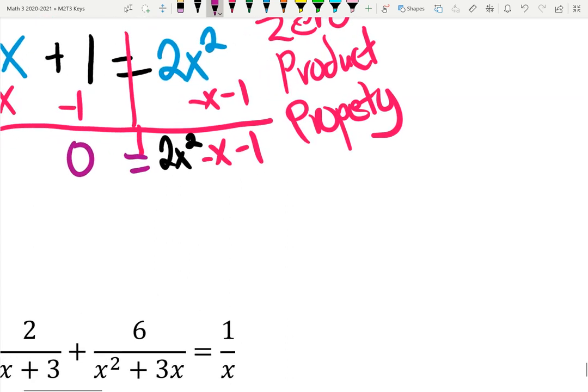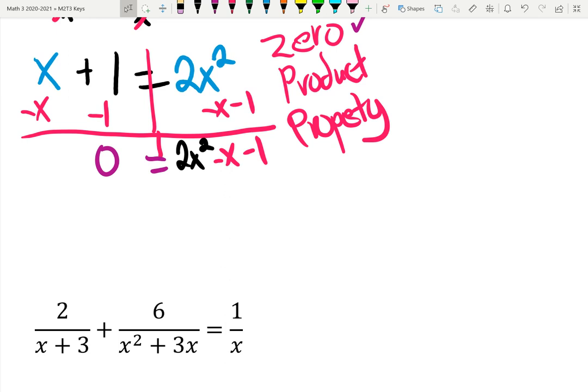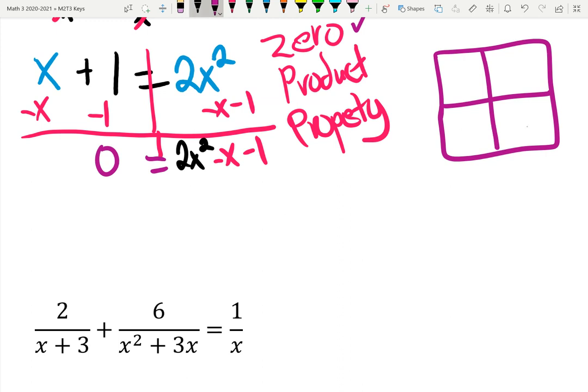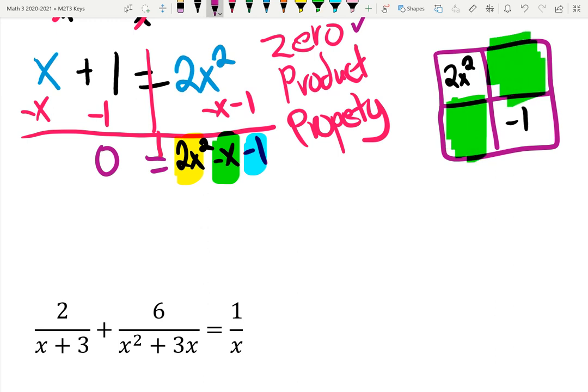The product part comes from factoring. I need to rewrite it as a factor pair. So what I'm going to do is I put 2x squared here. I put negative 1. And the idea is I need to figure out a situation to get negative x. I look and see, well, 2 times 1 is going to be 2, and x times x is going to be x squared. I need my green region to be negative x.